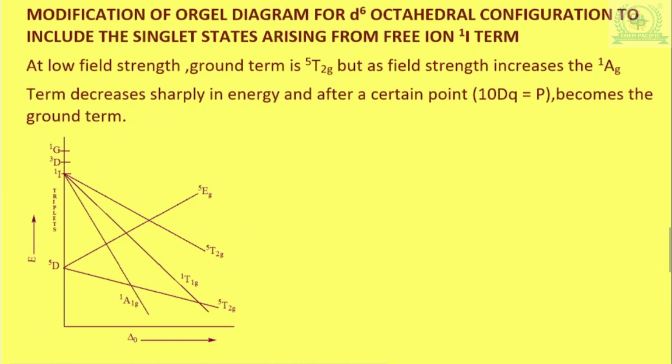So this is the modification of the orbital diagram for the d6 octahedral configuration to include the singlet states arising from the free ion terms. Okay, now see, what we did earlier here, this 5D is due to the high spin octahedral d6, and this is due to the low spin octahedral d6.